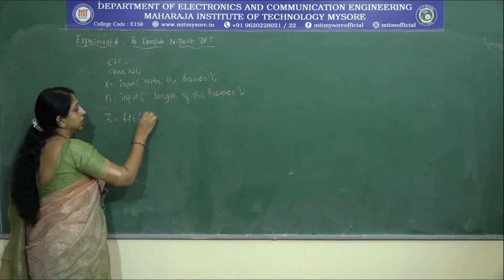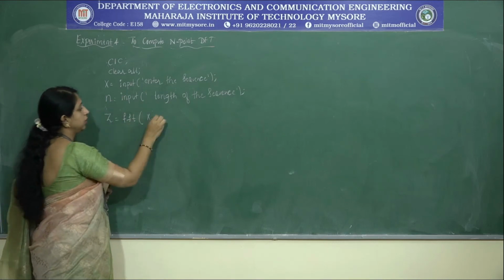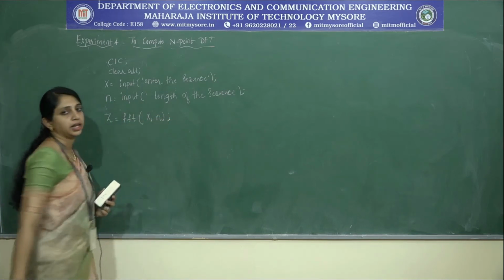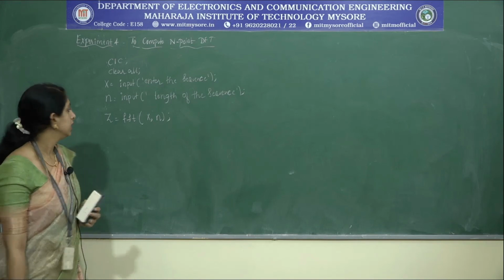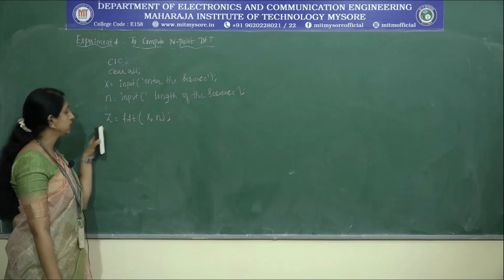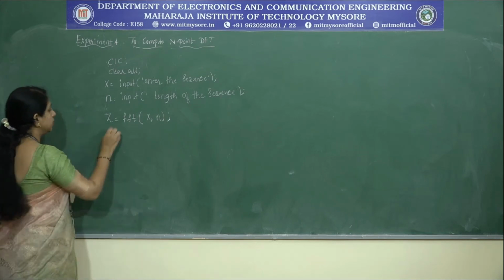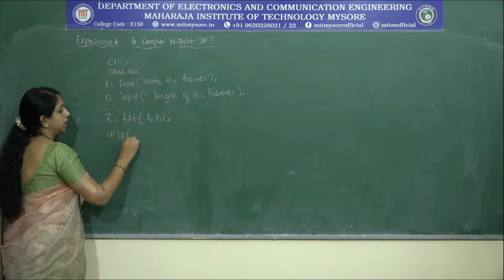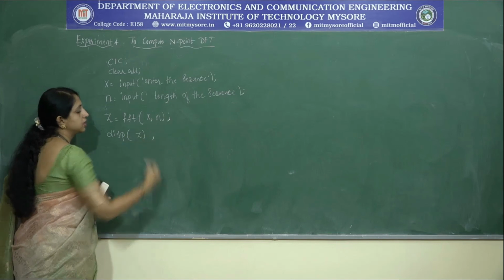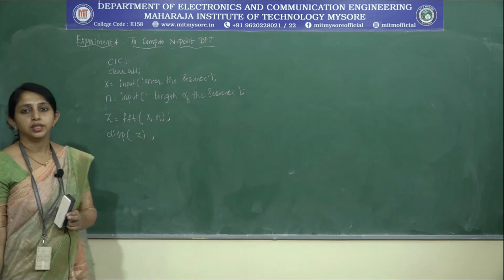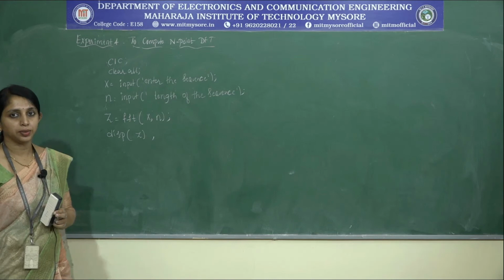First write the input x, then give the length n: x comma n. It gives you the DFT, which is stored in Z. If you want, you can display these values using the disp command. Disp of Z gives you the DFT of the considered sequence.